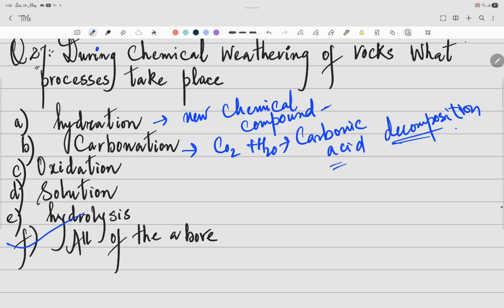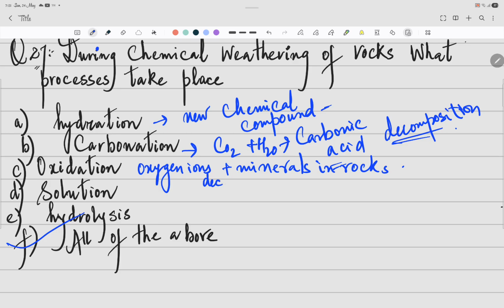During the process of oxidation, oxygen ions combine with the minerals in rocks. And this oxidation results in decomposition of rocks.